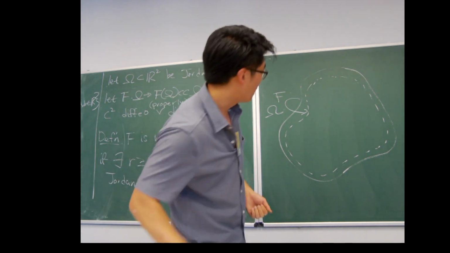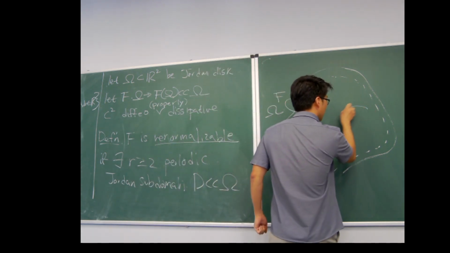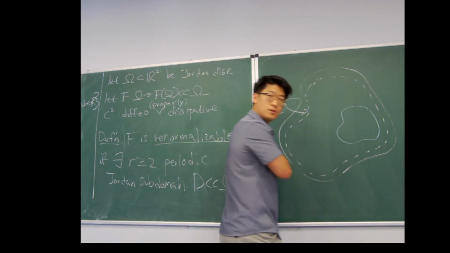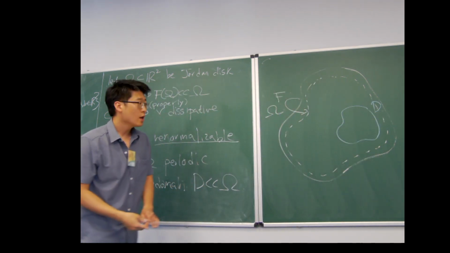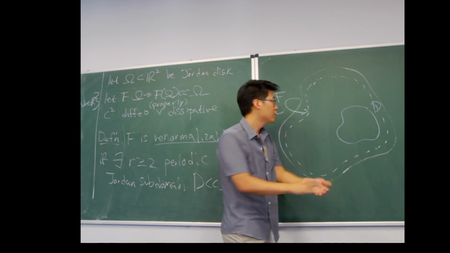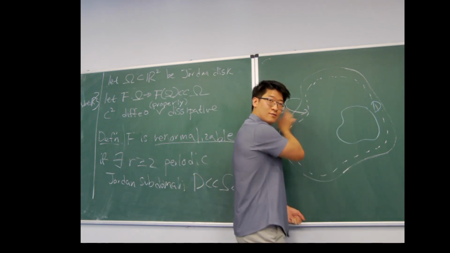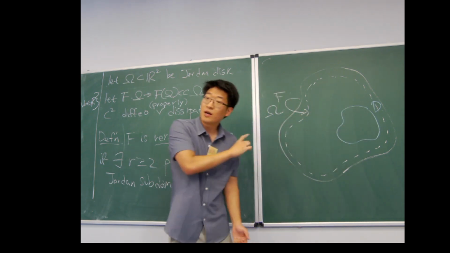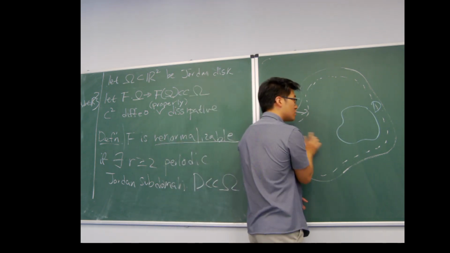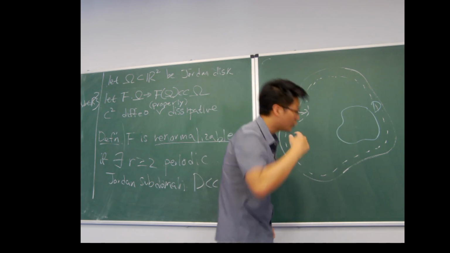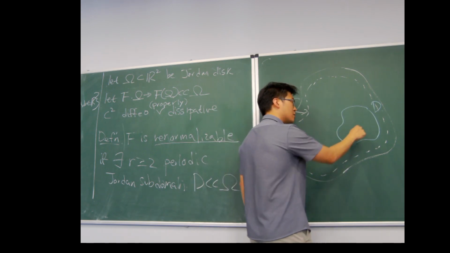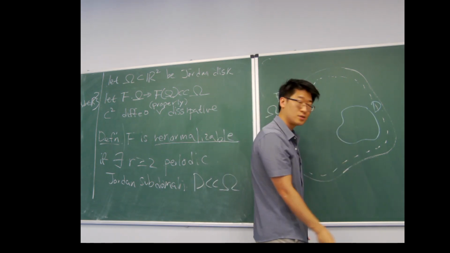So there should be a part of this domain, let me draw it like this, which is also a Jordan disk, I call it D. And when you act on it by your map, it jumps around in your space for some finite amount of time, and meanwhile it should stay disjoint from where it originally came from, but then after you iterate r times, it has to go back and map compactly into itself.